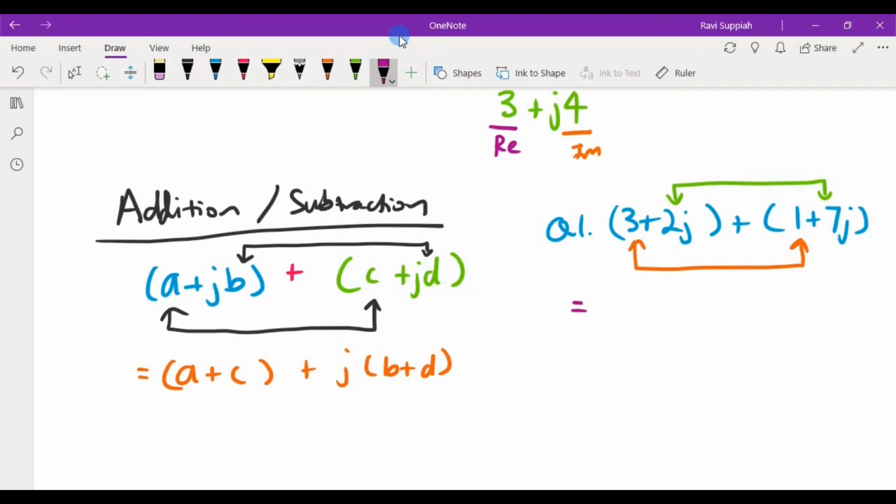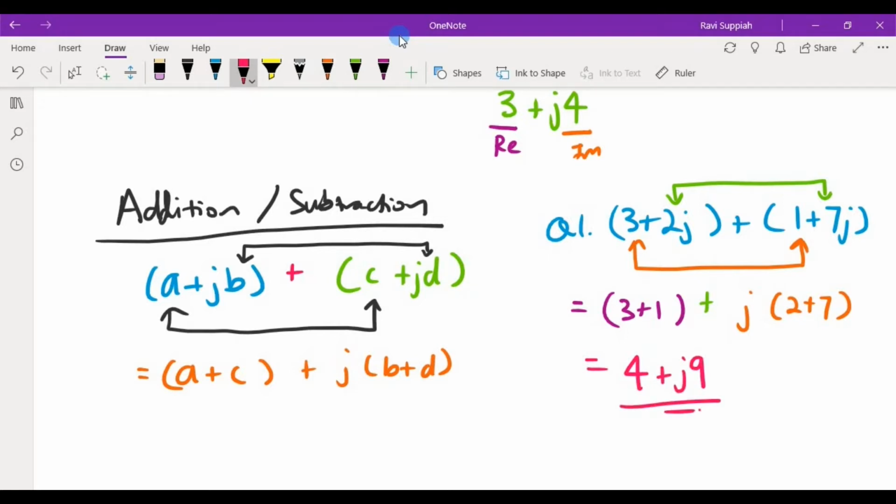So what you have is 3 plus 1, add with j, 2 plus 7, and that will give us 4 plus j9. That is the final answer here.